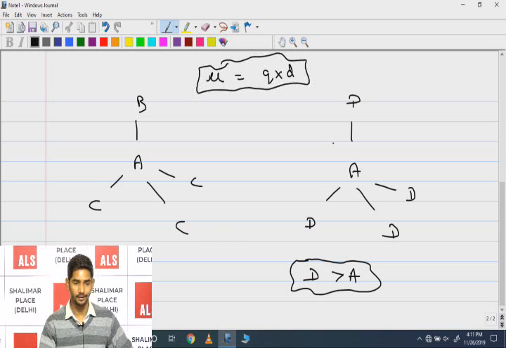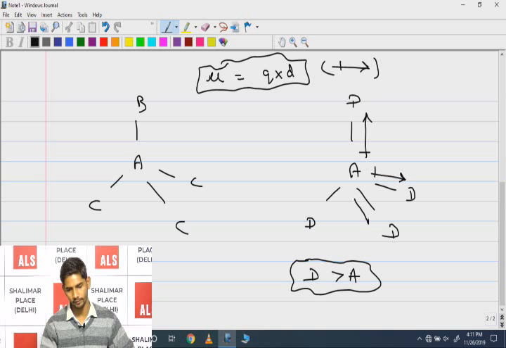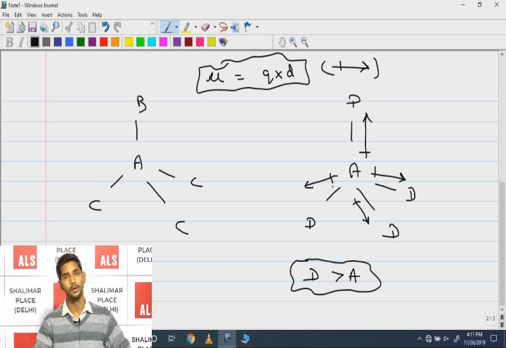And the representation for this one is this. Now look at this. Obviously, all the dipoles will move away from the center. There is also symmetry in the molecule.